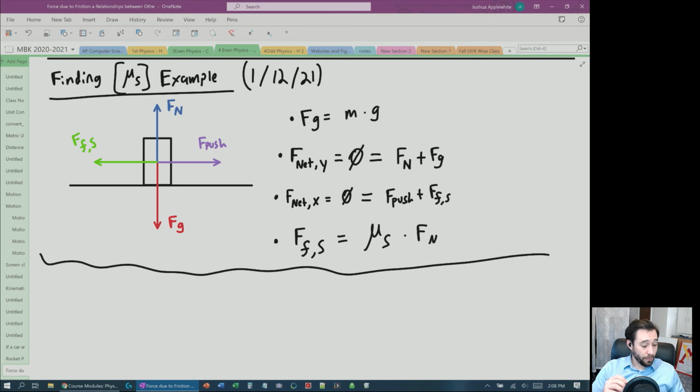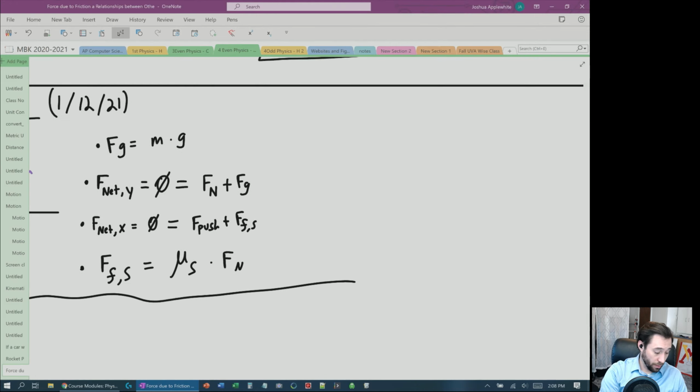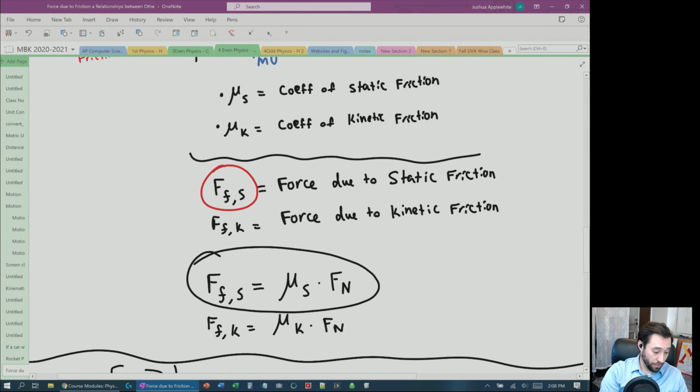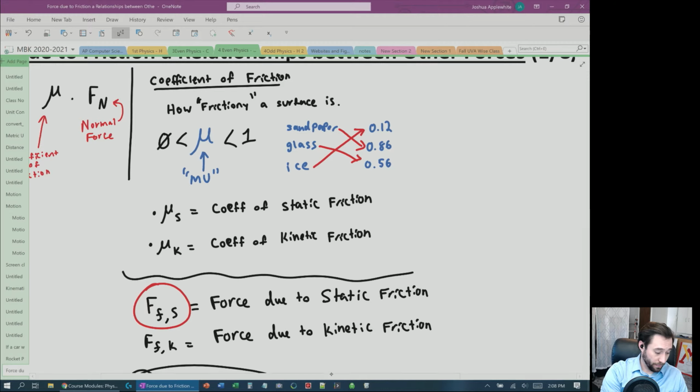Now, we have to keep in mind that the coefficient of friction is represented by the symbol mu, and it's always going to be greater than 0, but also less than 1.